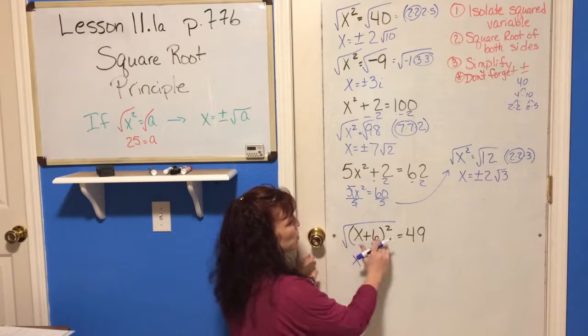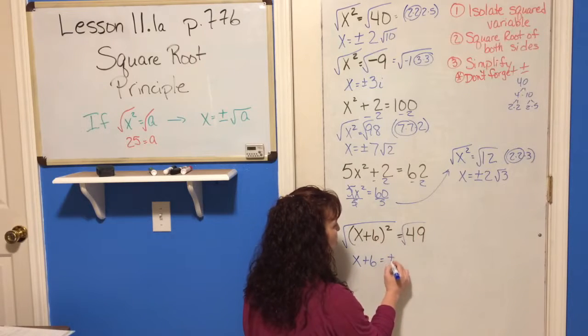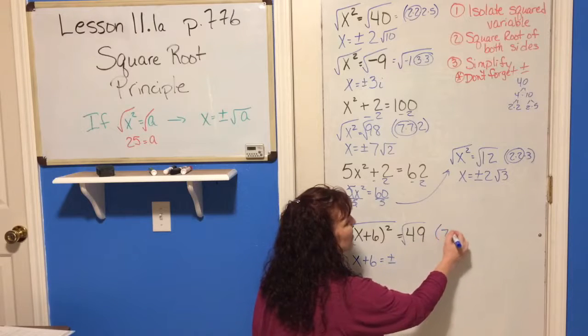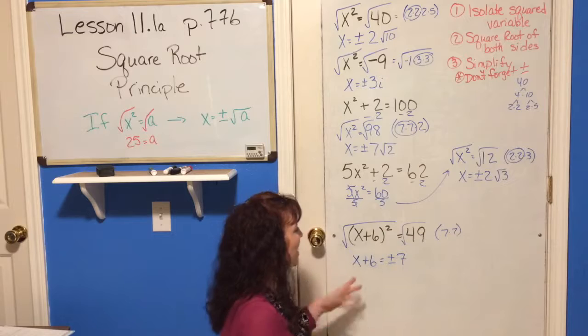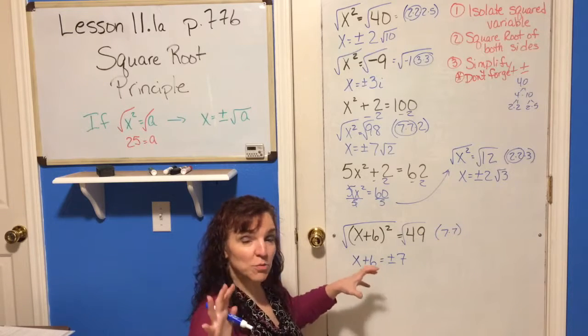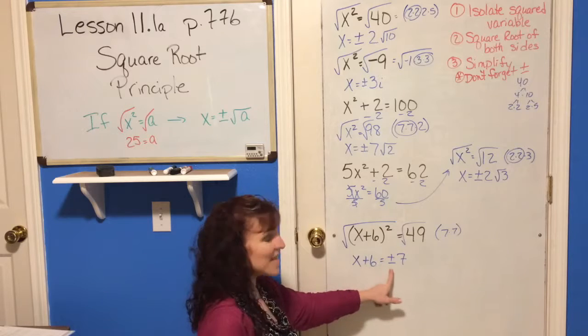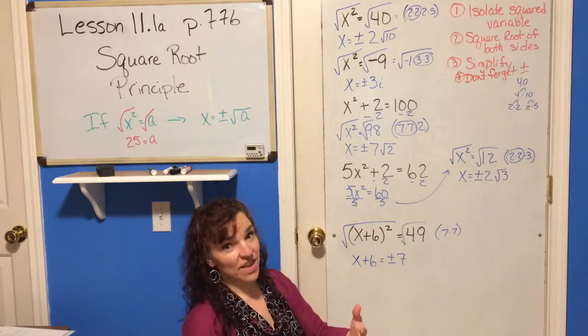All right? So the square root of this and then the square root of the 49. So now we've got plus or minus, and 49 is 7 times 7. So plus or minus 7. Now we simply subtract 6. Now, this is where you've got to watch and be careful because this plus or minus 7 means 7 or negative 7.